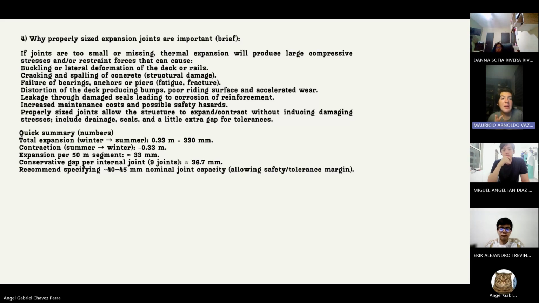Include them, plus a little extra gap for tolerances. Quick summary of numbers.